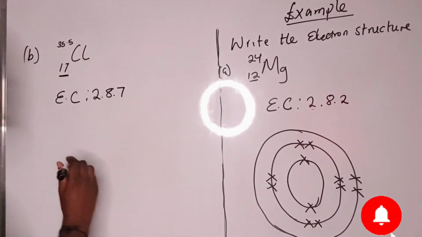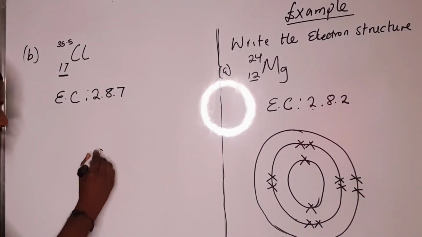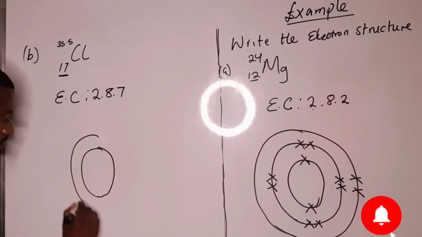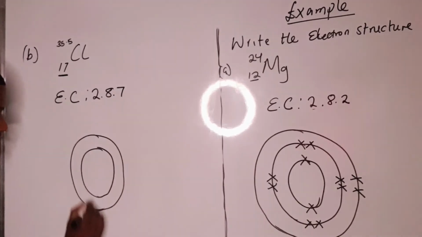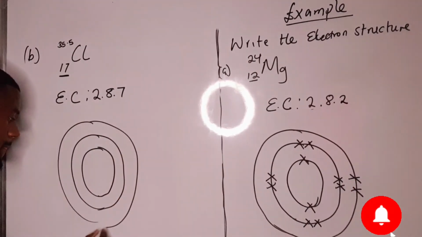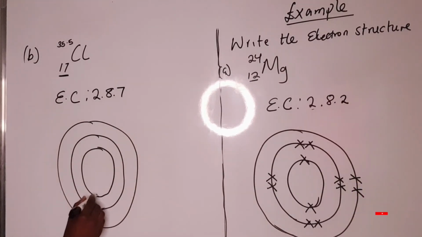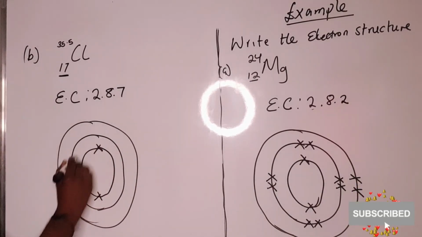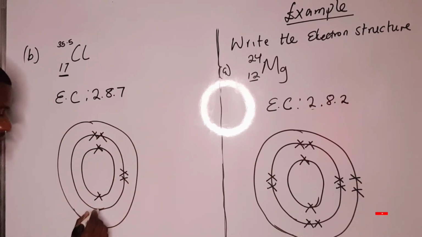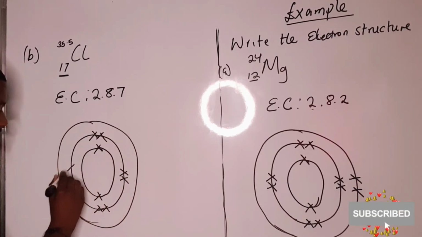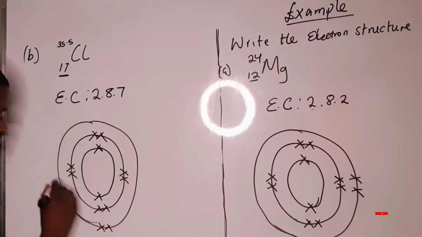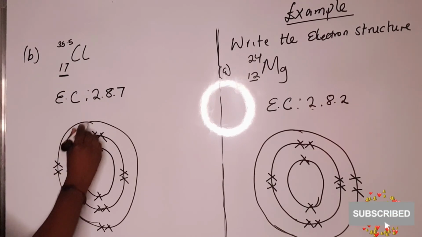Our electron structure for chlorine will be like this: the first shell, 2 electrons; the second shell, 8 electrons; then the third shell, 7 electrons.